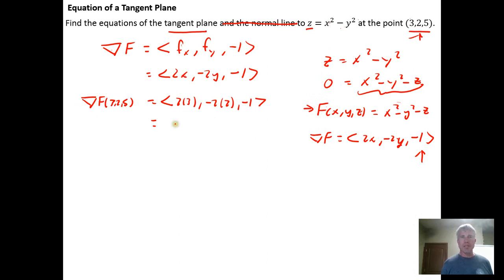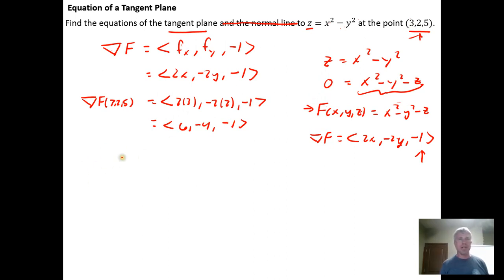So we get 2 times 3 is 6, -2 times 2 is -4, and right here I get a -1. So this gradient vector is perpendicular to our surface and therefore perpendicular to the tangent plane.